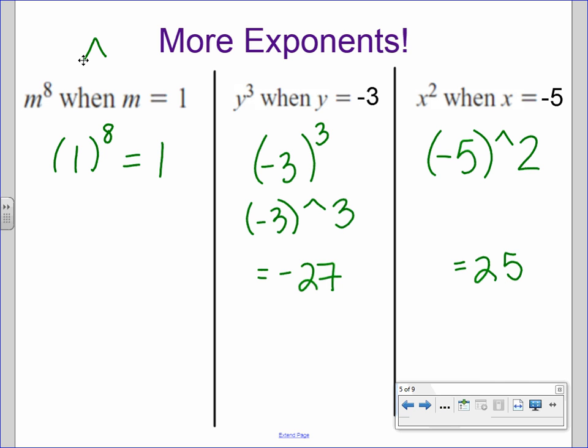It doesn't hurt anything. But if you take a negative number to an even power, negatives and negatives should give us positives, right? They're going to cancel each other out. So sometimes it will make a difference when we're taking negatives to powers. If this is even up here, the answer better be positive. So if your calculator is telling you a negative answer, it's probably because you forgot the parentheses. Don't make little mistakes like that. That's why I put this example up here. Okay.